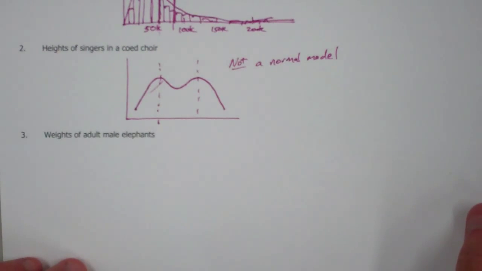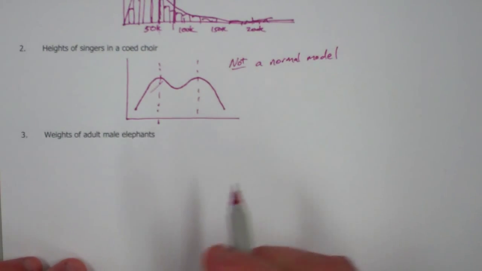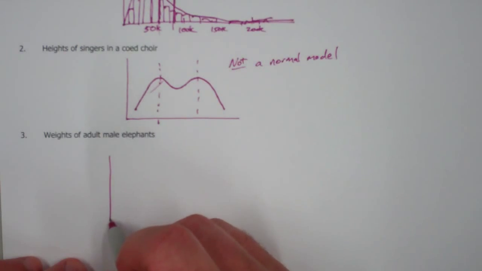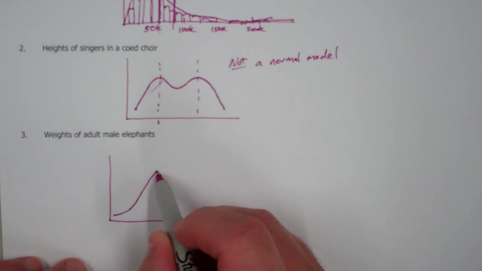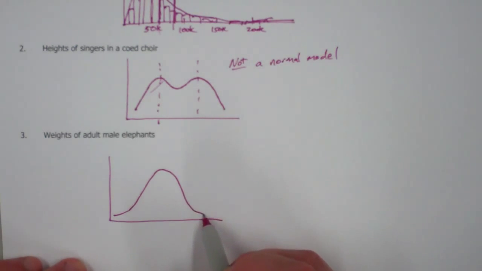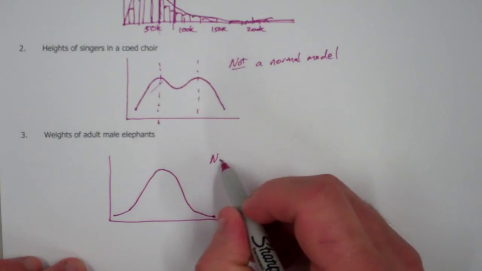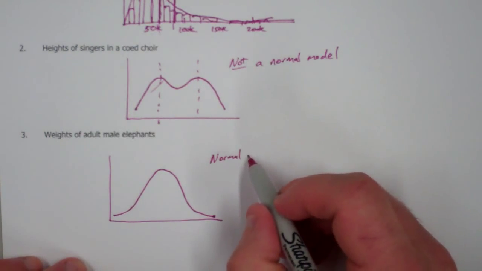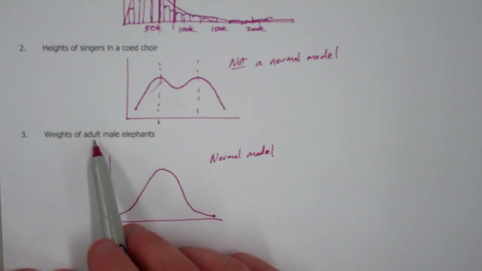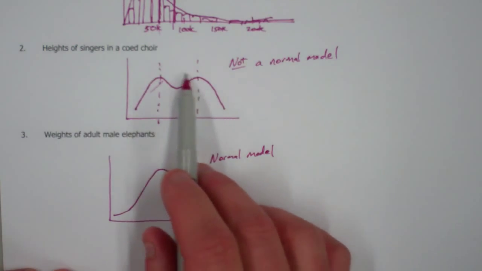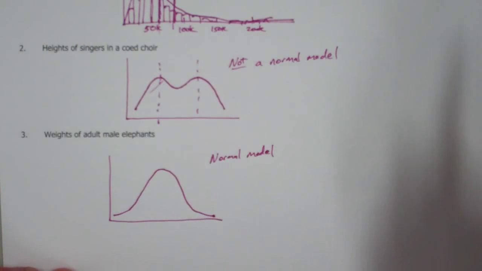The weights of adult male elephants. In this case, we're going to have some elephants that have a low weight. A lot of them are going to be right around the middle, and then some of them are going to be really heavy. So in this case, this is going to be bell-shaped, and I think this is going to be a normal model. Now, keep in mind here that it's adult male elephants. We'd have a situation probably like this if it was male and female.